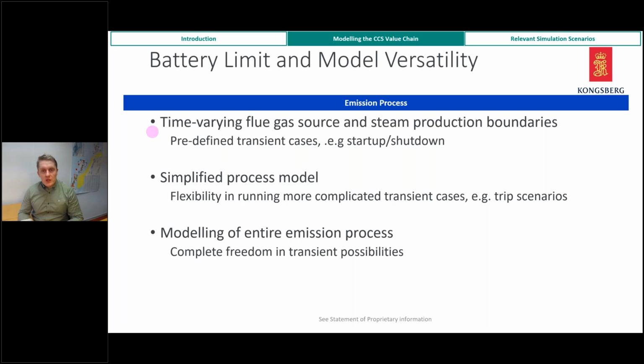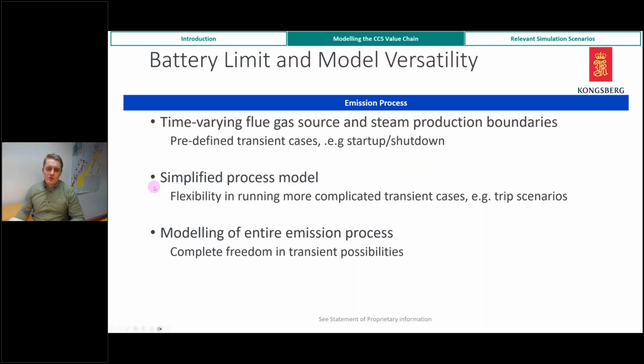Typical situation for this would be if you're dealing with a gas turbine where you don't have the data to actually go into the detailed modeling of the turbine. Then we will simply set up time varying boundary conditions, and you can still look into the capture process and how the capture process will respond to the turn up and turn down curves that you have been provided by the vendor.